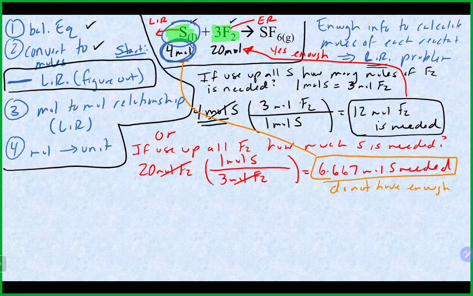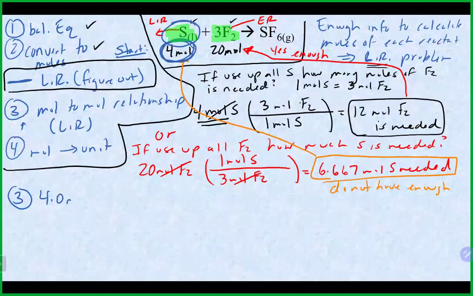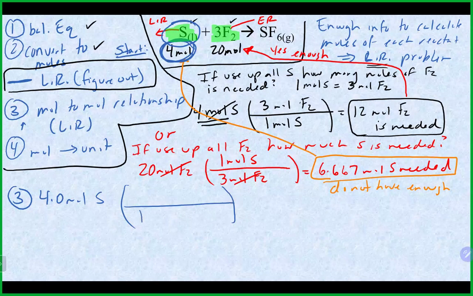So we would pick up with the third step here, and I would go 4 moles of sulfur, and now I can figure out my product, which is, again, 1 mole of sulfur gives me 1 mole of SF6, and that would tell me that I would produce 4 moles of SF6. That would be my theoretical yield in moles.